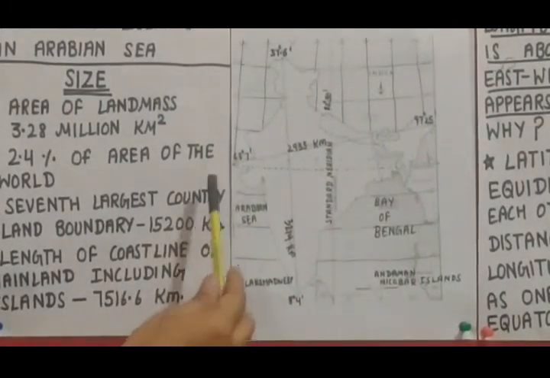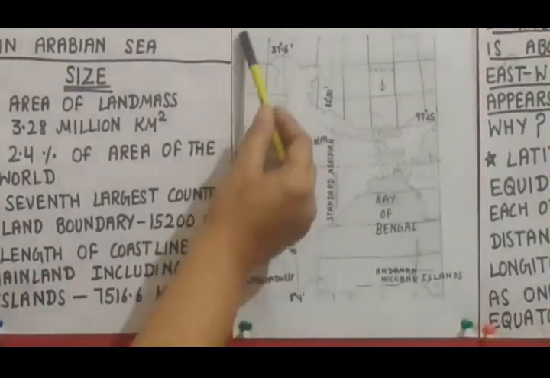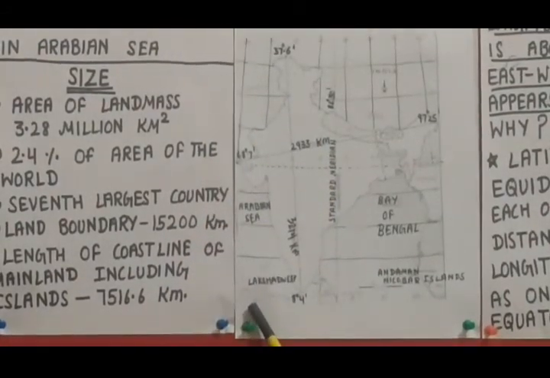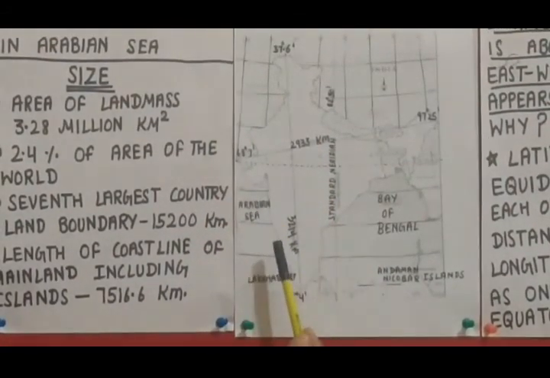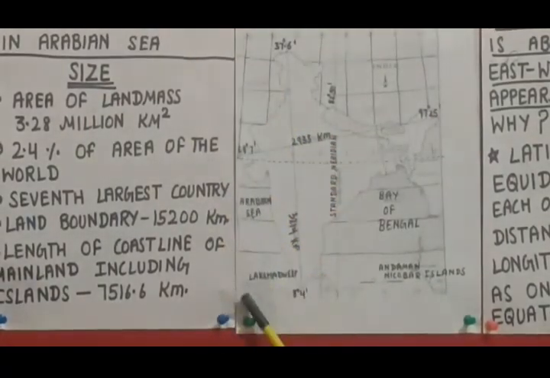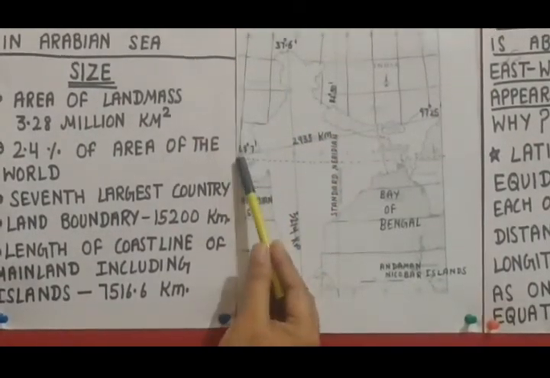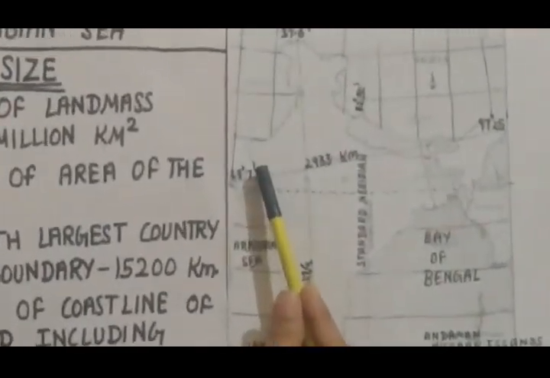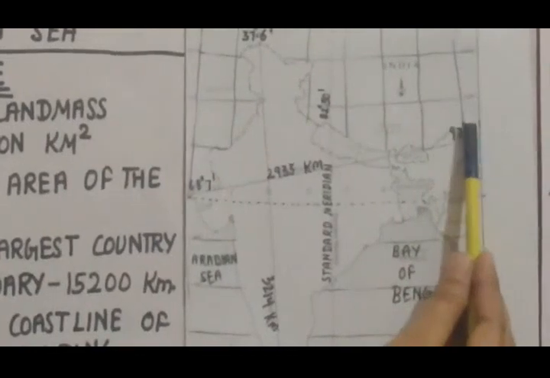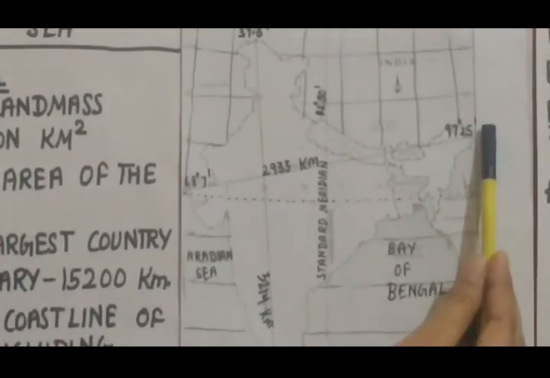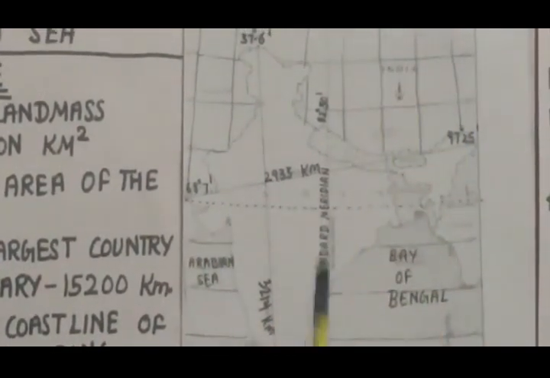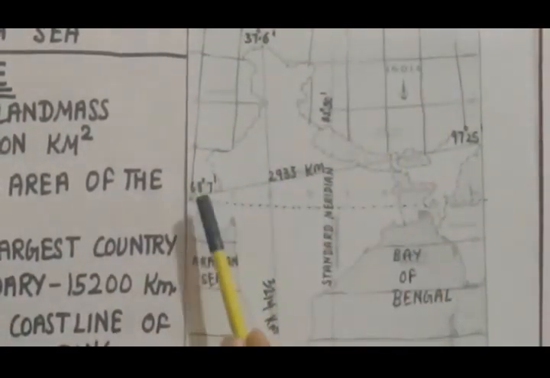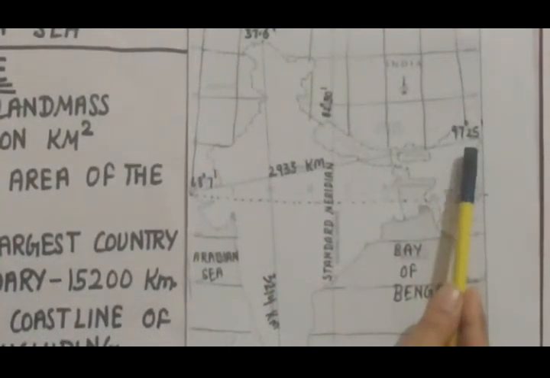Now the other thing, what is the longitudinal extent? Longitudinal means the long lines, right? Those are drawn on the globe also. So the longitudinal extent of India is 68 degree 7 minute east to 97 degree 25 minute east, right? So this is the latitudinal extent and this is the longitudinal extent.